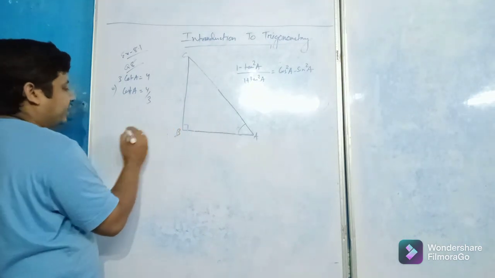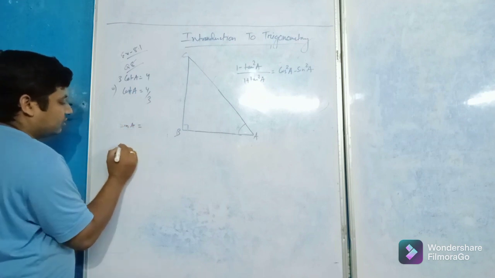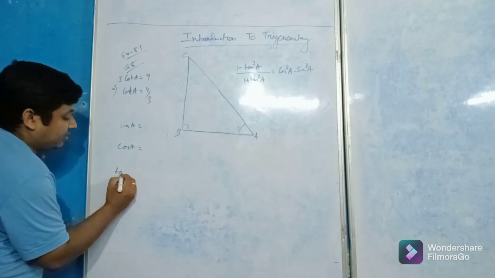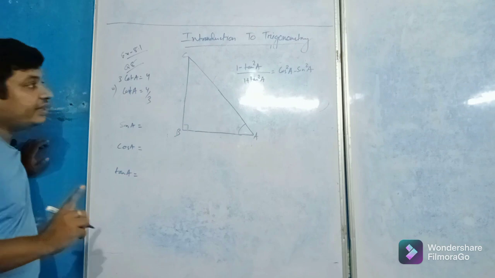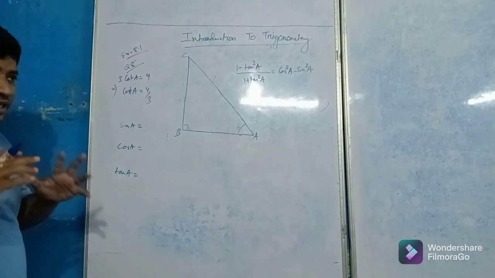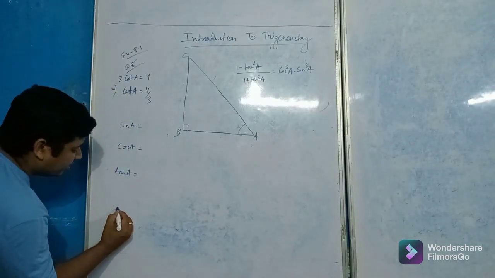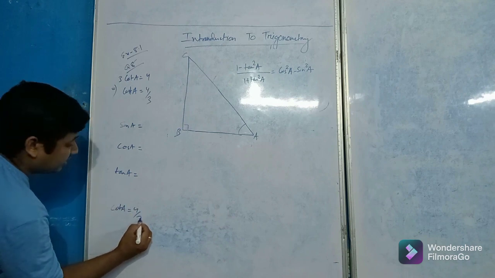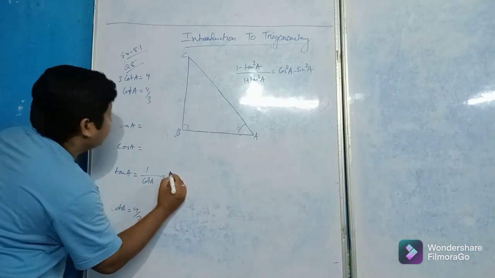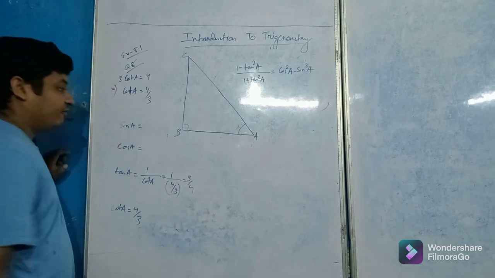Now here cot A. Again I will be writing the formula in sequence: sin A, cos A, tan A. See, we will be finding up to tan A. Why? Because in the question it is tan A is given, cos A is given, sin A is given. We need not to find out all the trigonometric ratio. But here cot is given, so we will be taking it as 4 by 3, and tan is what? 1 by cot A. So it can be written as 1 by 4 by 3, which will be reciprocated as 3 by 4.